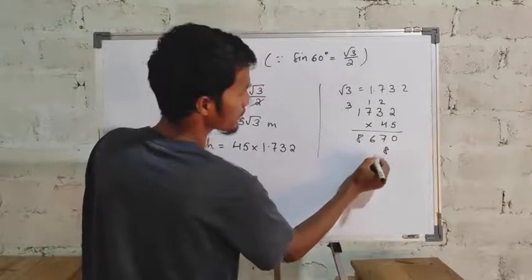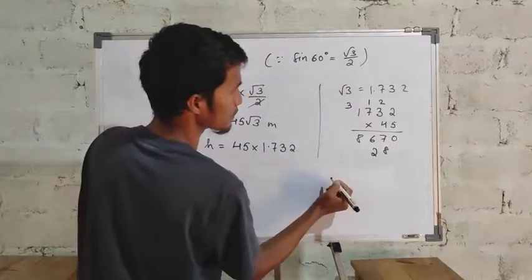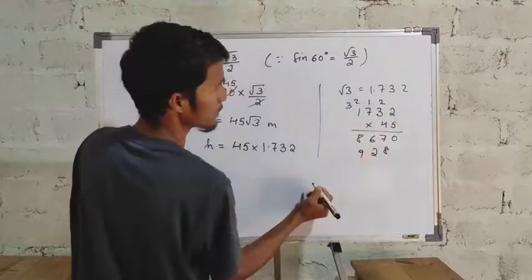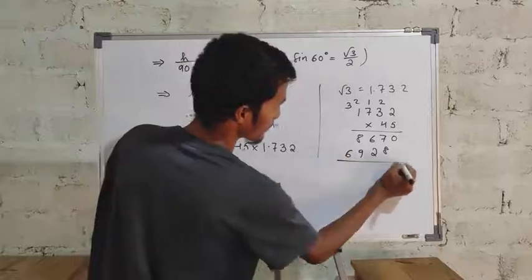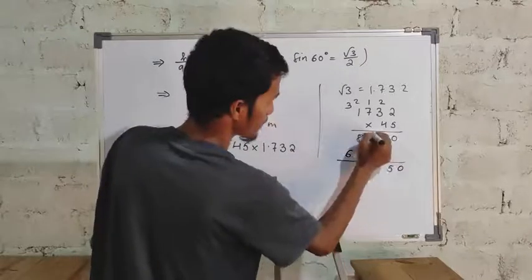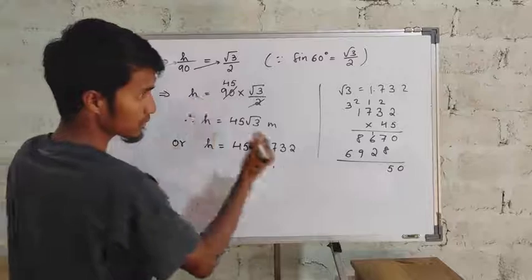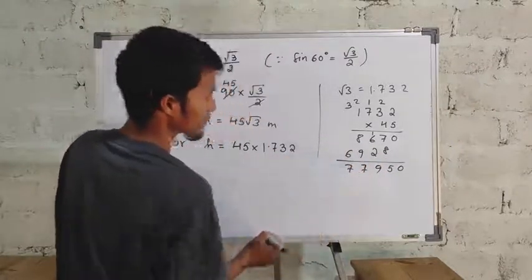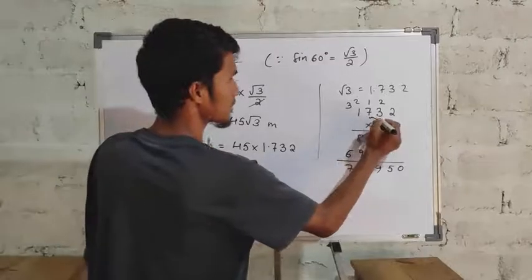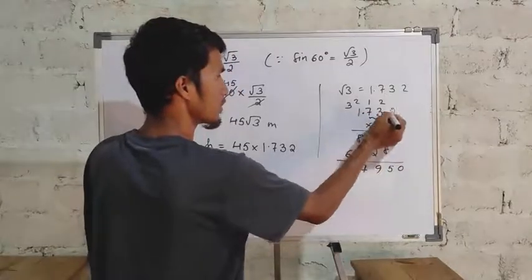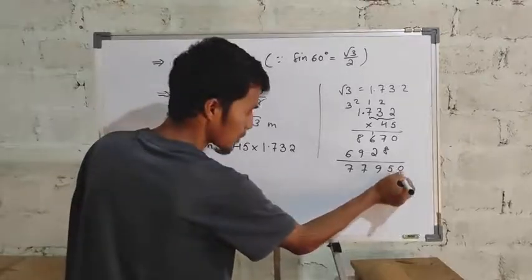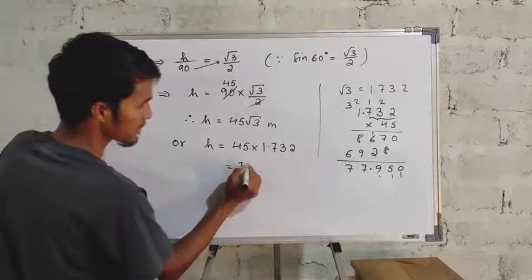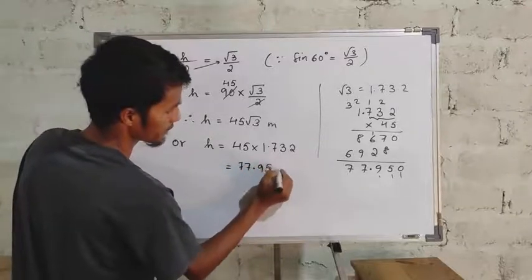And 4 into 2, 8; 4 into 3, 12; 4 into 7, 28, 29; and 4 into 1, 4, 5, 6. Adding gives 0, 15, 8, 9, then 17, and 7. How many decimal places are there? 1, 2, 3, and here also 1, 2, 3. The decimal point will reach here, and that is 77.95 meter.